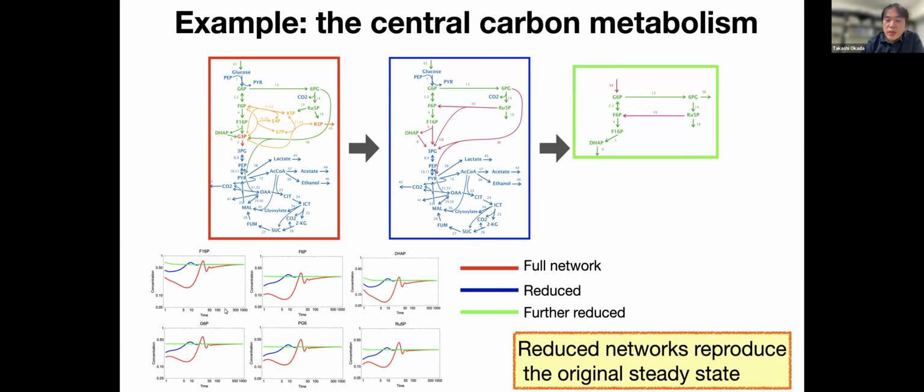Here, the x-axis is time, and after a long time, all of these three networks converge to the same levels. So in this way, if we are interested in a specific part of the network, then by using this technique, we can remove or simplify the network, and we don't have to model the outside of the focal part. Okay.